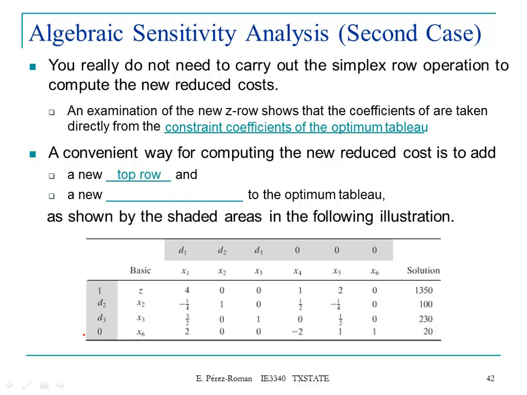So you can add that row to the optimal tableau, and a new leftmost column, this one. We have D2 and D3 because they correspond to the decision variables that are in the optimal solution. D1 does not show up here because x1 is not part of the optimal solution. So we're going to add that extra row at the top and that extra column to the left of the tableau.